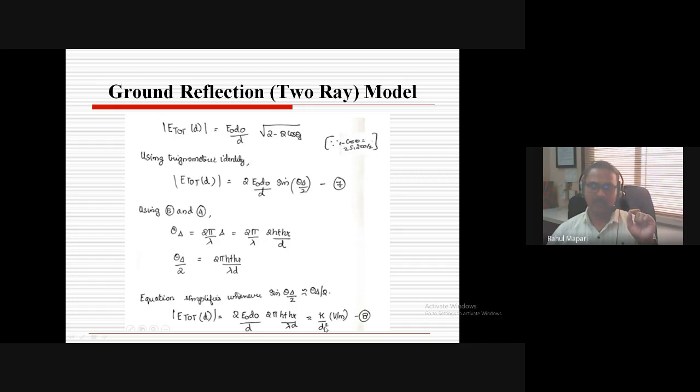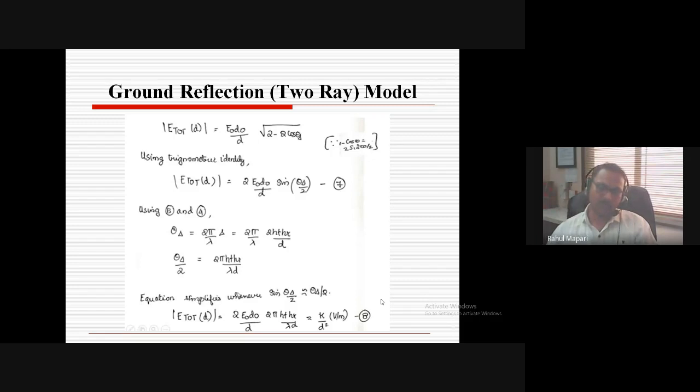So this is the total electric field received at the receiver end in mobile communication. And this is the proof, you can say, to find the electric field at the receiver by using the ground reflection or two-ray reflection model.